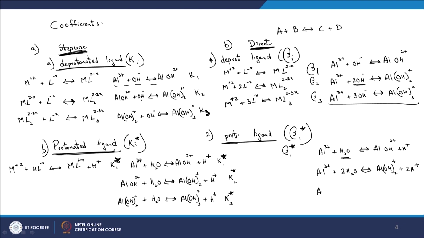And again Al3+ plus 3H2O will form Al(OH)3, no charge, plus 3H+, and obviously the coefficients are going to now be beta 2 star and beta 3 star, right? Again, it might seem a bit confusing, but it's just a combination of two aspects. One is when we have stepwise and when we have direct, and the other is when we have protonated and deprotonated ligands, right?